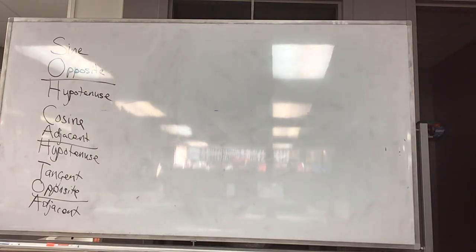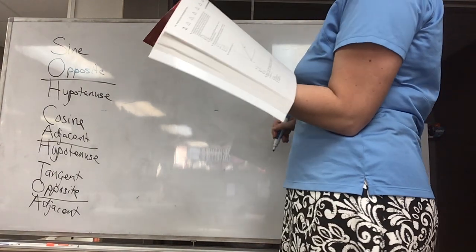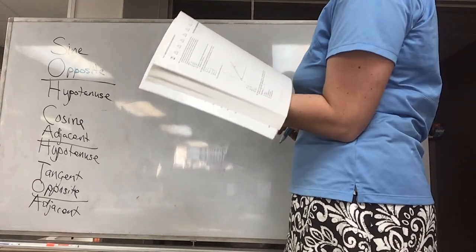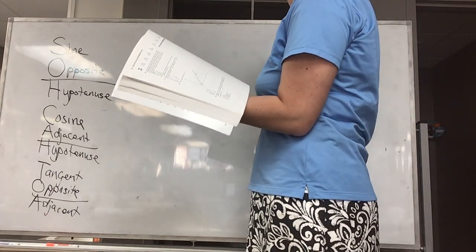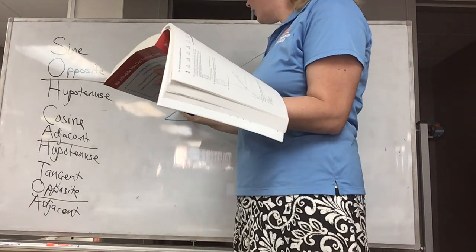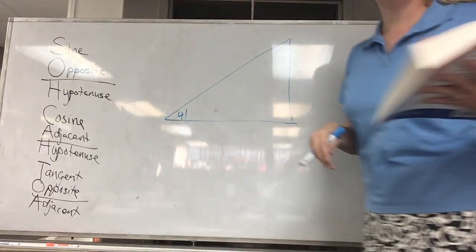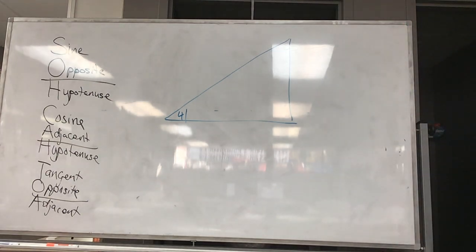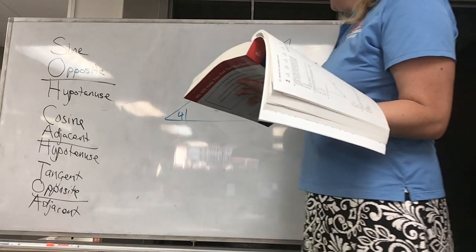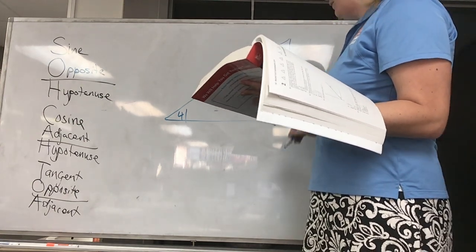So, this says, when measured from a point on the ground that is a certain distance from the base of a cell phone tower, the angle of elevation to the top of the tower is 41 degrees. So, angle of elevation, 41. It's the angle that you're looking up at the tower. The height of the cell phone tower is 200 feet.